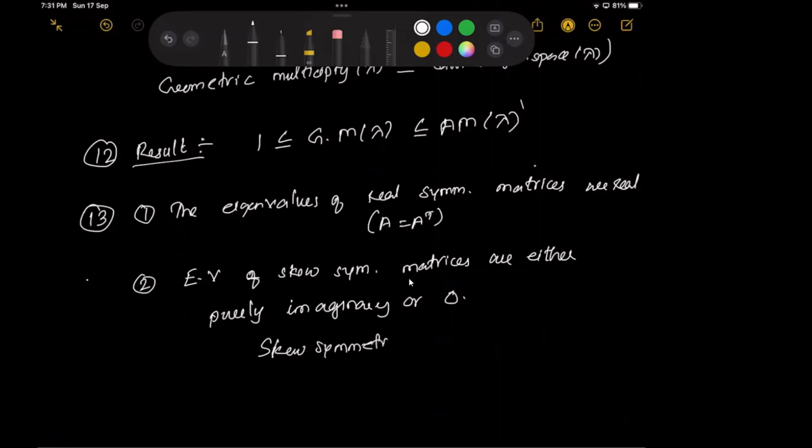A equal to minus A transpose. If A equal to A transpose, it is a symmetric matrix, and if A equal to minus A transpose, it is a skew symmetric matrix. One more thing, here it is a real skew symmetric matrix.